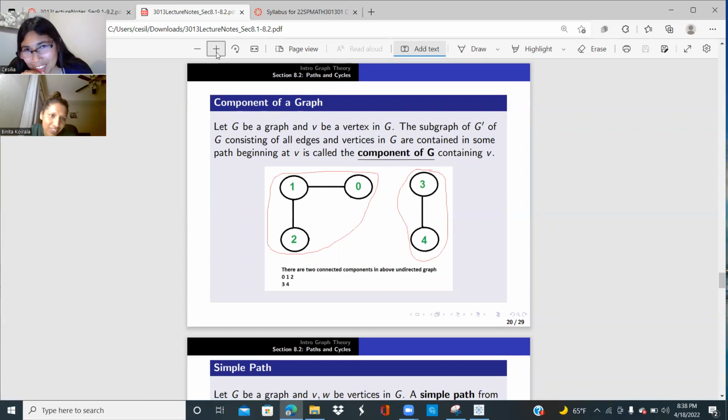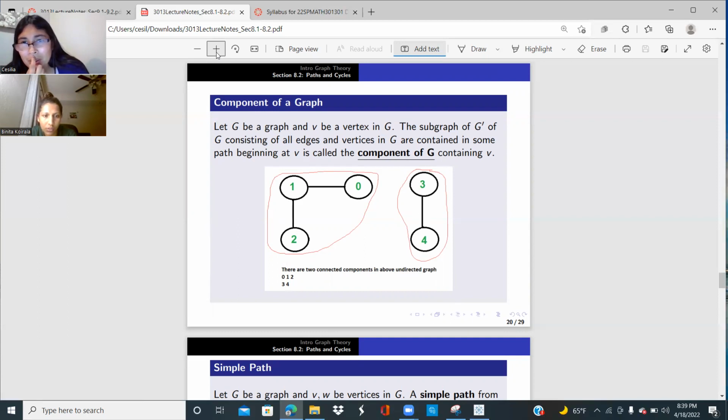Component of a graph. Let G be a graph and V be a vertex in G. The subgraph of G consisting of all edges and vertices in G that are contained in some path beginning at V is called the component of G containing V. There are two connected components in the above undirected graph: 0, 1, 2, 3, 4.